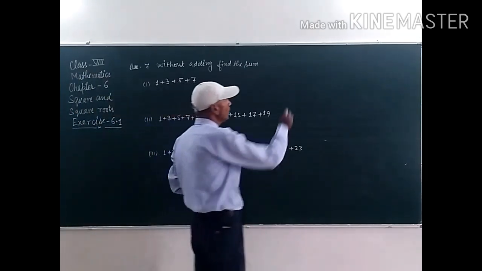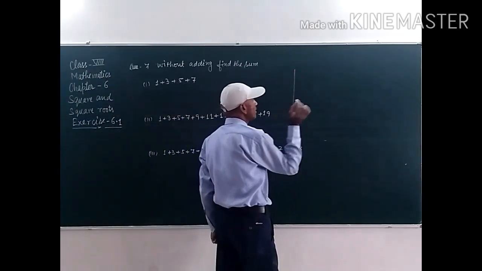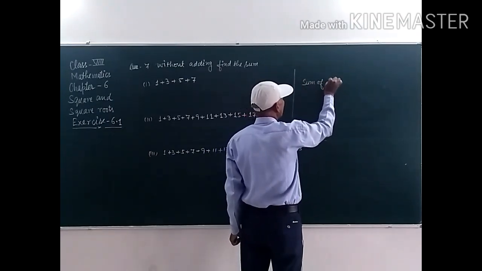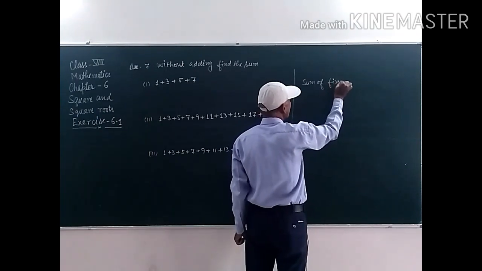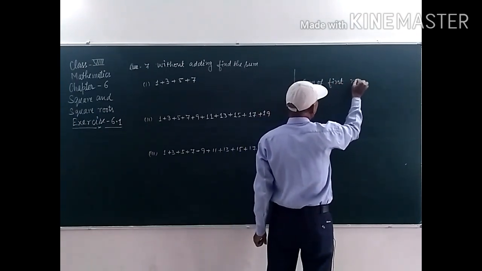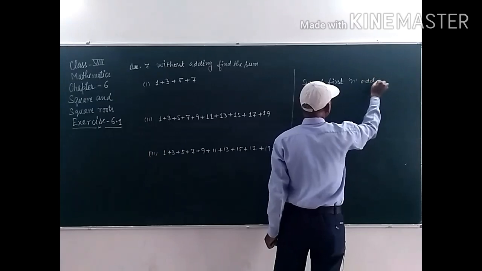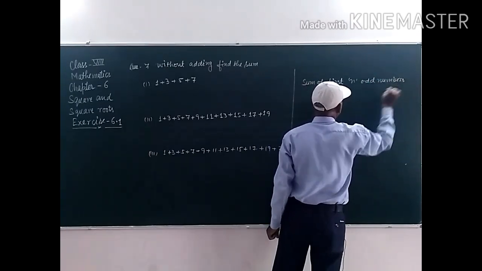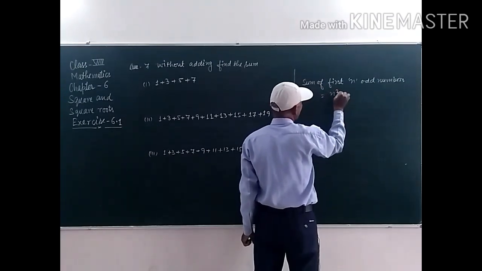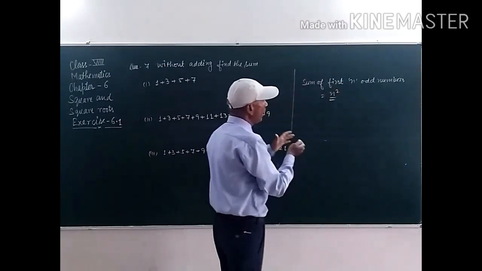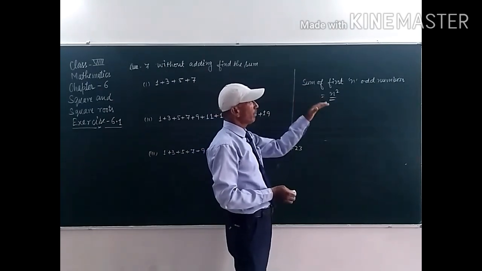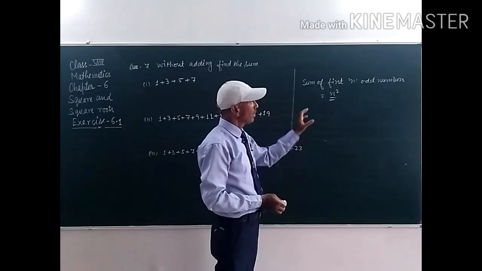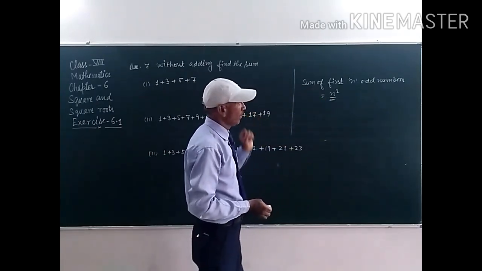So in the previous video we know the sum of first n odd numbers is equal to n square. If we add the first n odd numbers, then the sum will be n square, student. This is the basic property of the numbers.